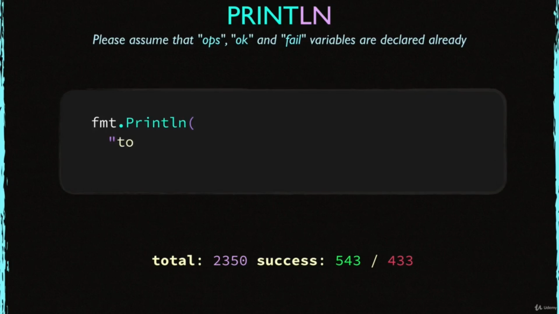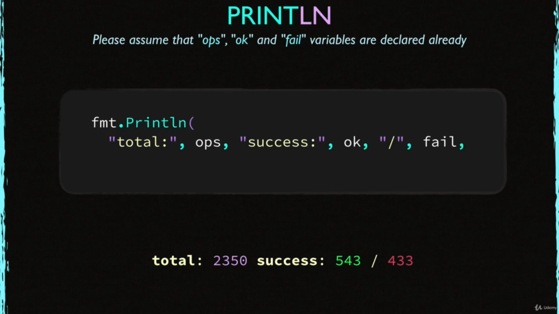So inside the println, ops, ok, and fail variables print the number of operations. Ops prints the number of total operations, and ok and fail print the number of successful and failed operations. Assume that these variables have already been declared somewhere. So this is how we can print the below message using println, right?